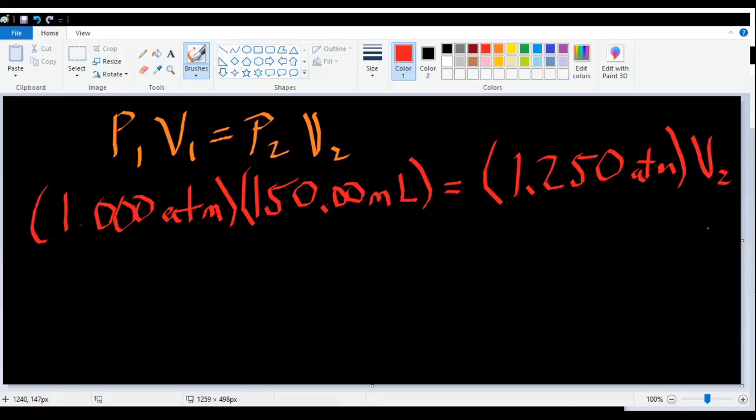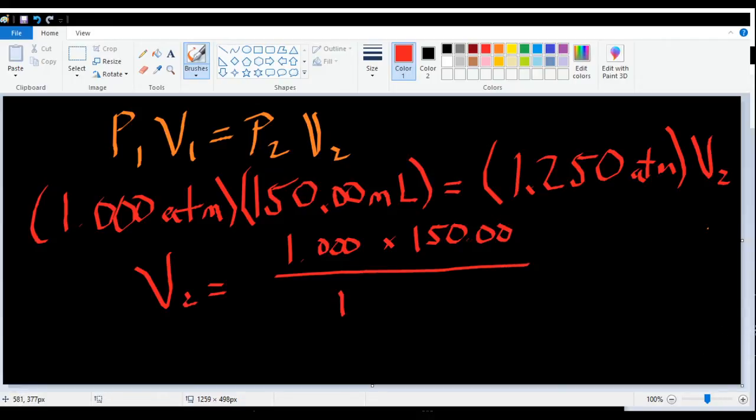Okay. So the great thing about these sorts of problems is that you don't have to really do a lot of unit conversions, so long as the units are consistent from one side to the other.